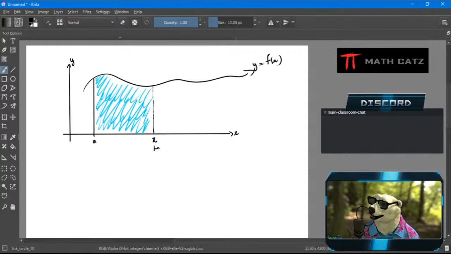So I'm going to take a little step forward and I'm going to make that step size h. Then I'm not sitting at x anymore, but I'm sitting at x plus h. Now, in truth, that's a really, really small step, but so that we have room to draw stuff, I'm going to exaggerate it a little bit.